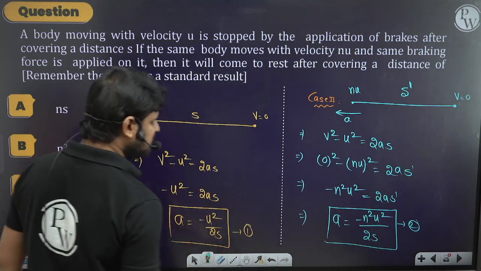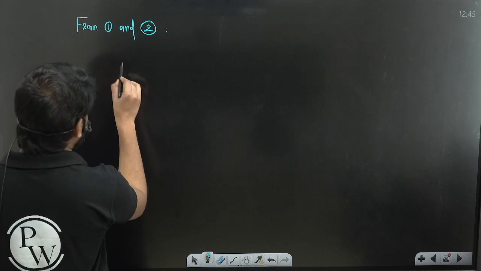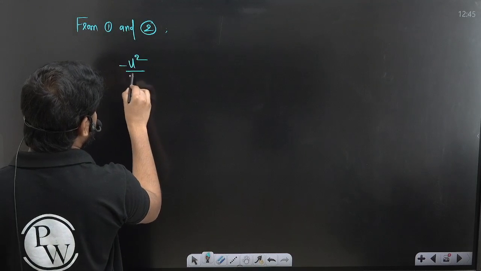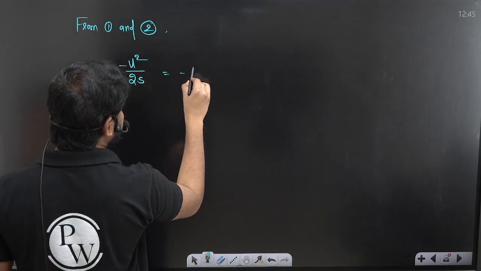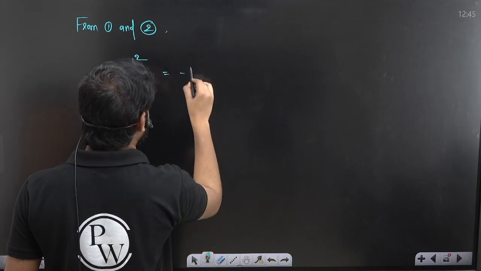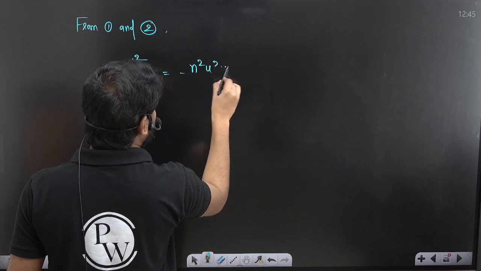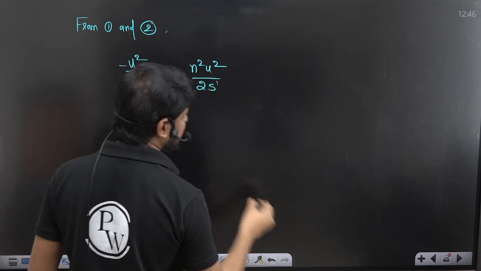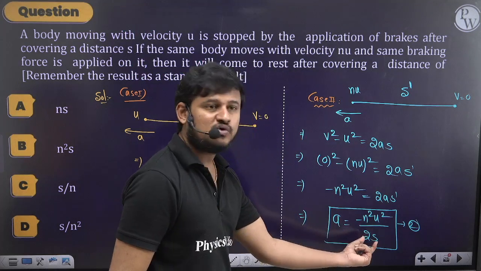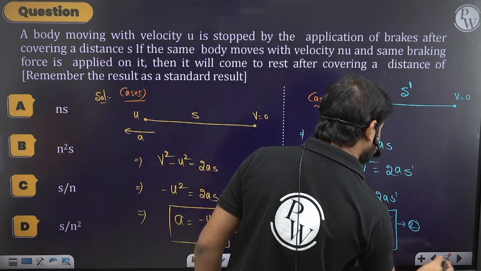So let's equate these two. We can write the first one, minus u square by 2s, is equal to minus n square u square by 2s dash. Here the distance is s dash, right?